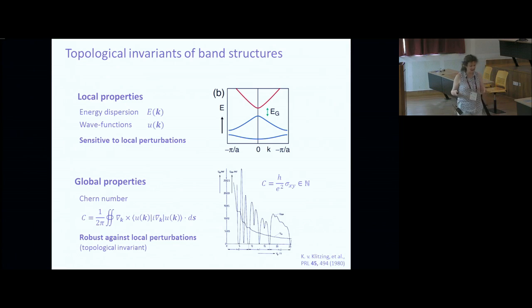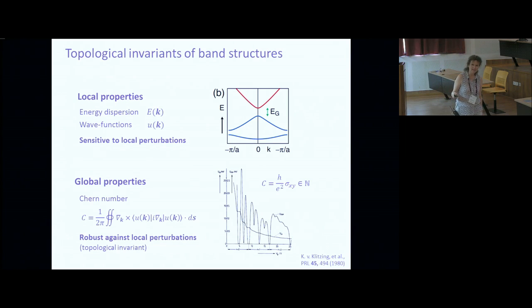So you can have all kinds of structure, and the band structure is really sensitive to local properties. And then there are also global properties, which are quantities integrated over the band structure, like these now very well-known Chern numbers. These Chern numbers are very distinct properties of the bulk, and they don't depend on exactly the precise shape of your material.